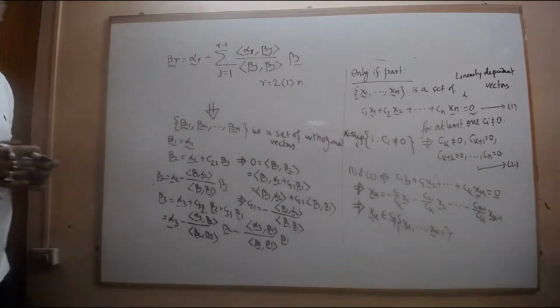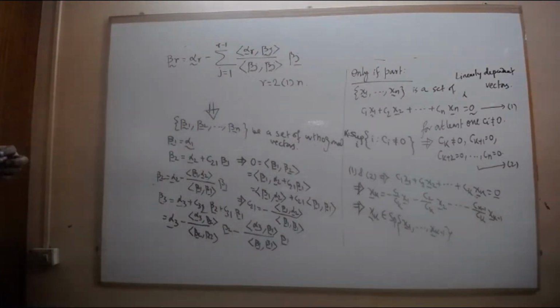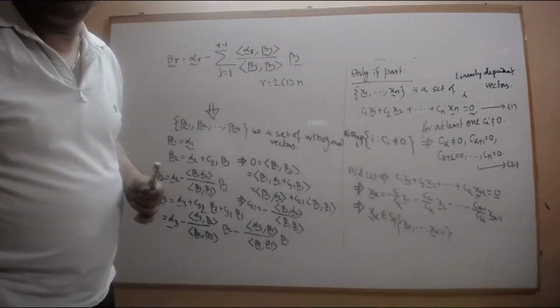So this is the procedure of constructing a set of orthogonal vectors from a set of linearly independent vectors.